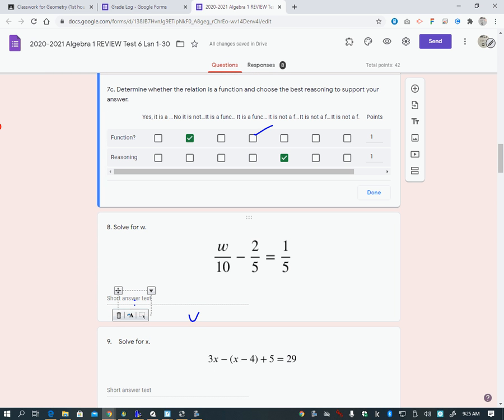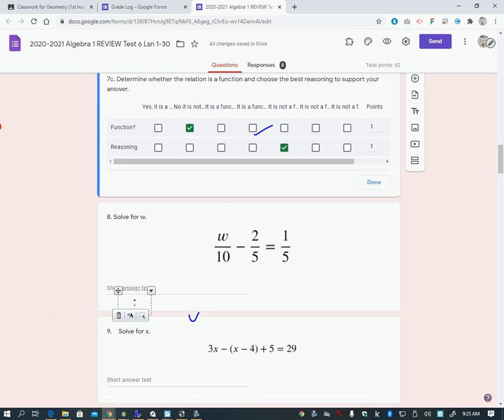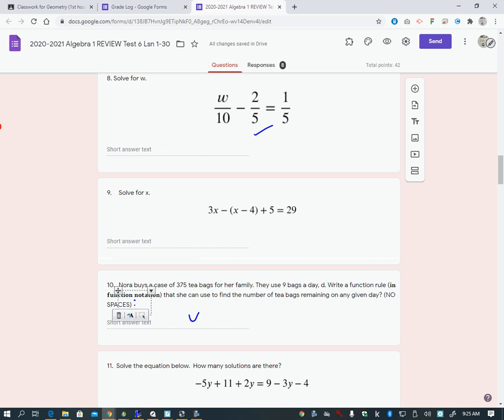All right, so you should have one option for this row, one option for this row. Well, anyway, we're going to move on from that question.